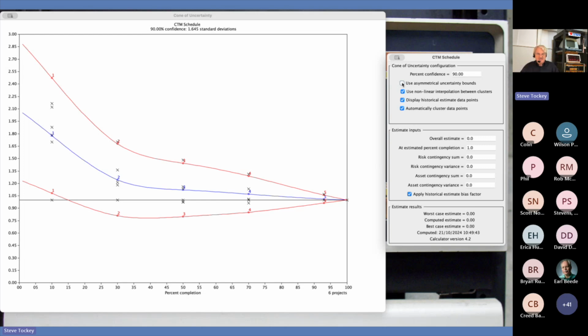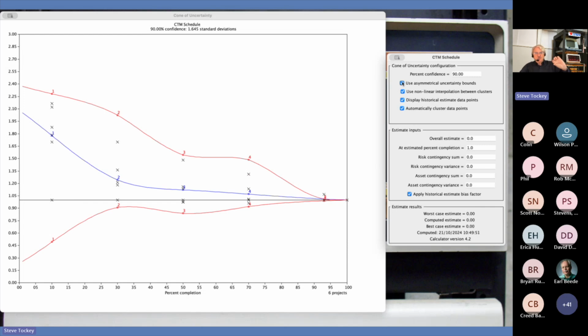So it's using the same width above and below the mean, which is why it's called symmetrical. But again, when we go to asymmetrical, it's using a separate standard deviation above the mean from below that mean. Okay, so hopefully everybody's got that.